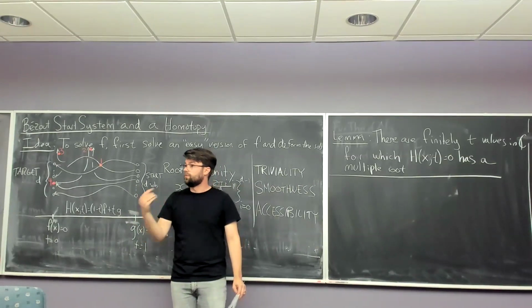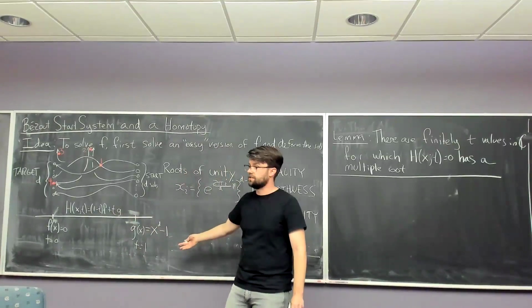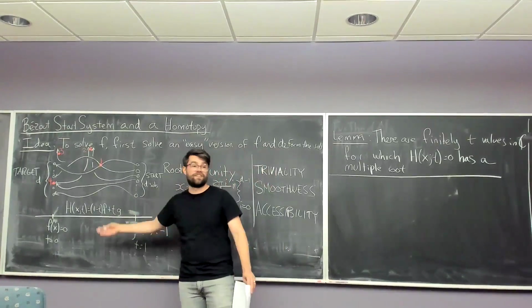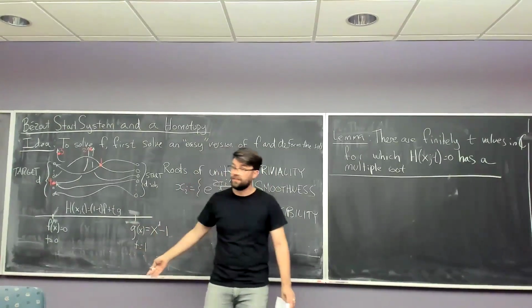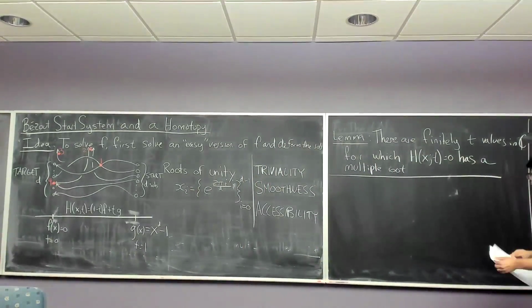And so you can write that condition as a polynomial equation in the t's using resultants. So you have some polynomial in one variable, t, and it has finitely many roots in C. So that's the resultant argument. But here's a really close to the ground argument.